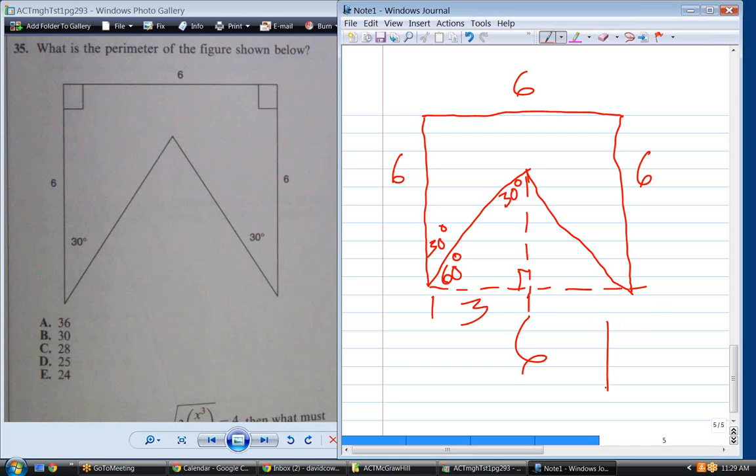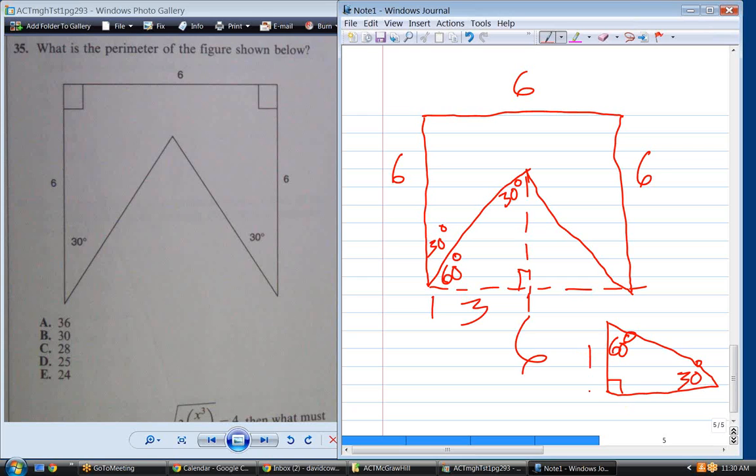If we go to our standard 30-60 right triangle, which I've been talking to you about ever since we've been working together, what are the unit dimensions on this? What's opposite the 30? 1.